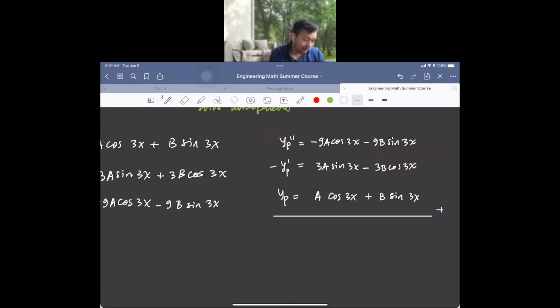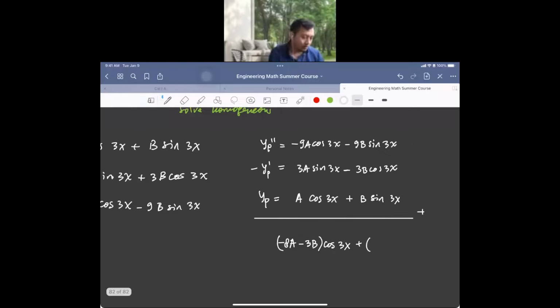So 9a plus a becomes negative 8a, so negative 8a cos 3x, minus 3b cos 3x, right?